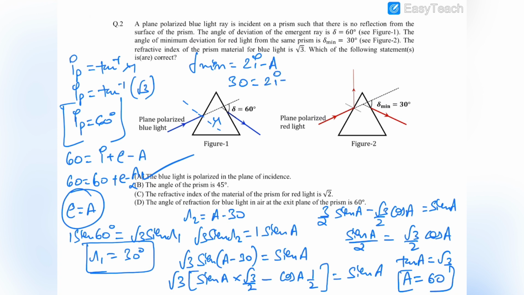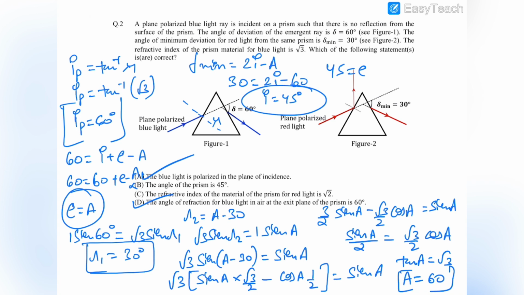The prism is the same, so A would be 60 degrees, therefore I would be equal to 45. Which means the angle of incidence is 45 degrees, and the angle of emergence will also be 45 degrees because I is equal to E. Now if E is equal to A and A is 60, then the exit angle for blue light is also 60. So D is also a correct answer.